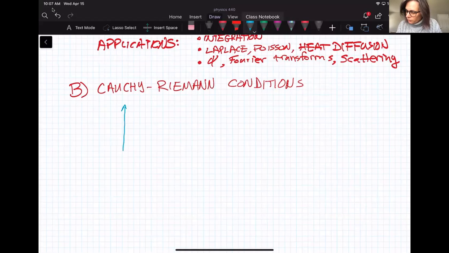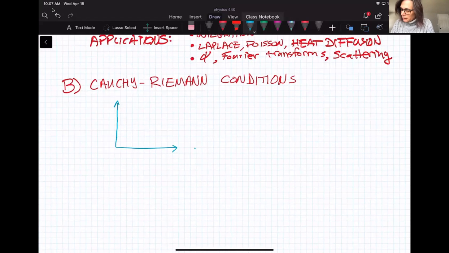So if we consider the complex plane in x and y, and we have a point z naught, it shouldn't matter if we approach it with delta x equals 0 but delta y approaches 0.